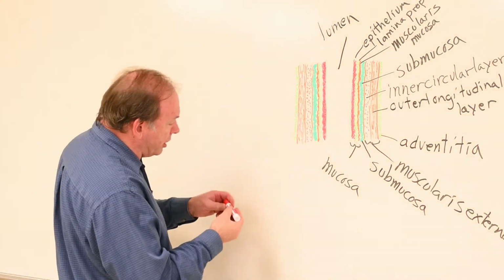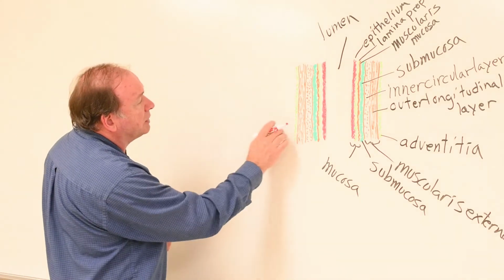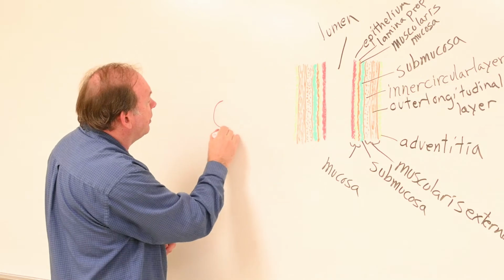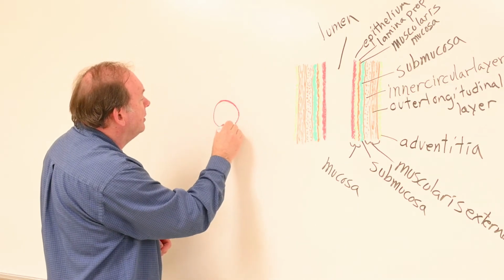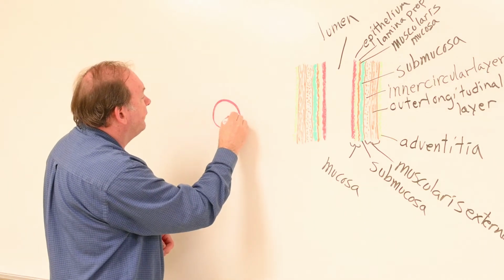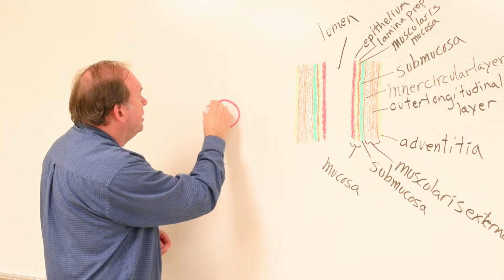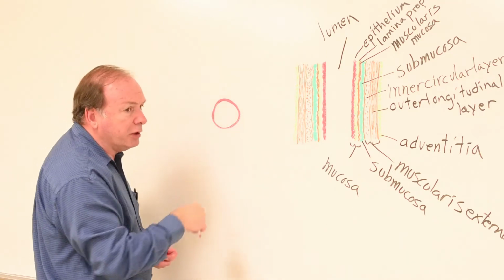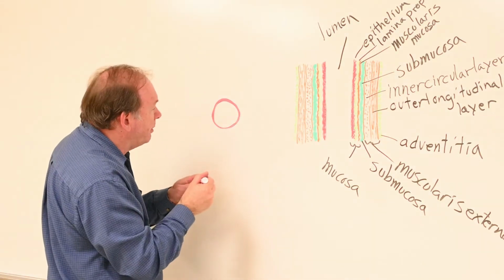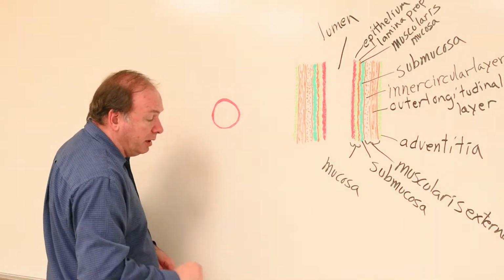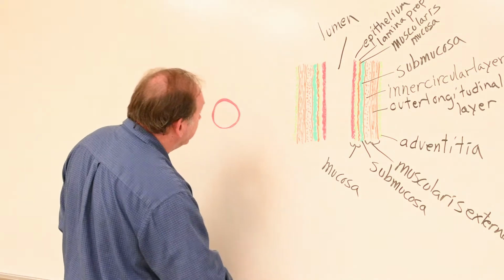We're going to make a drawing that represents what we see in a cross section of the esophagus. If you're ready to cut through it, the first layer would be that epithelial layer around the lumen. Now in life, the cross section would have deep folds in it, so it wouldn't have this large open space. It's kind of closed up from all the folds that come together in the esophagus. But anyway, there's your epithelial layer.